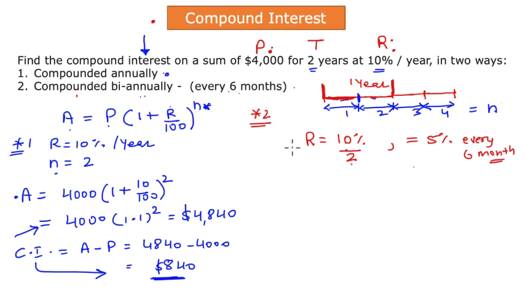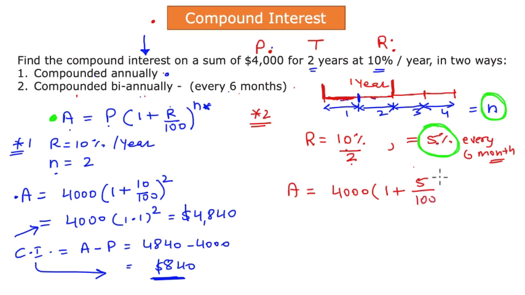So I'm going to use these two values, the 5%, which is the rate of interest for each compounding period, and the number of periods, in my formula for calculating the total amount due. Let's substitute all these values: A, the total amount due at the end of 2 years, will become 4,000, the principal sum, times (1 plus 5%) to the power 4, which is this value of n.